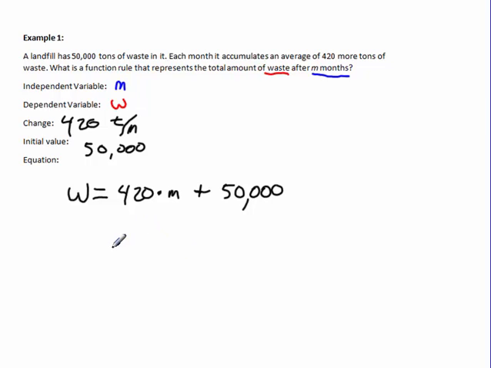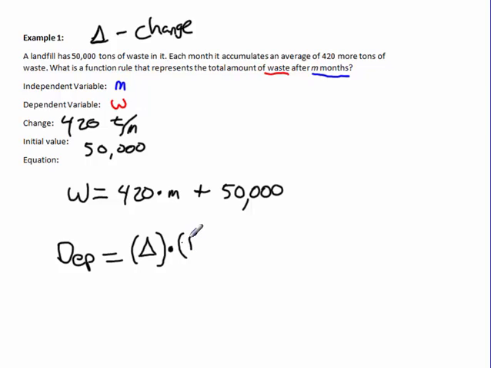So note, there's something really interesting that happens here. We can now see that our dependent variable equals our change, which I'm going to make a little Greek delta, a small triangle, which stands for change, times the independent variable, plus our initial value.